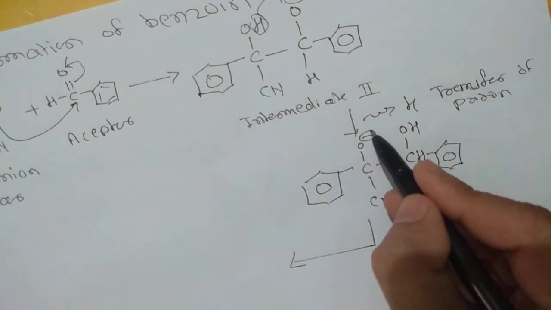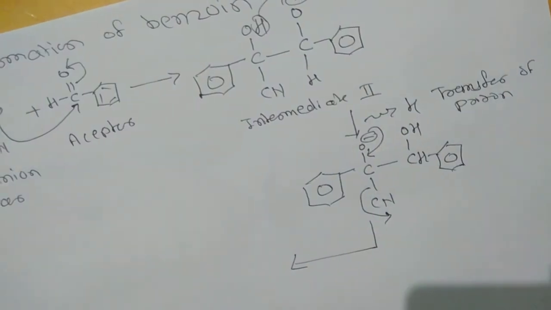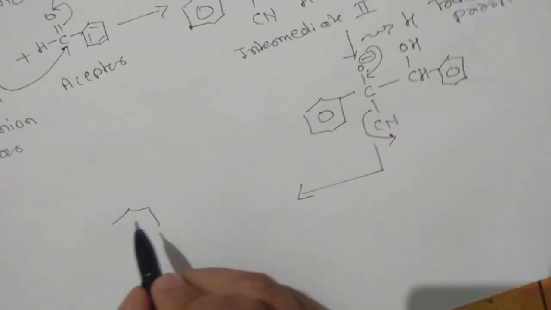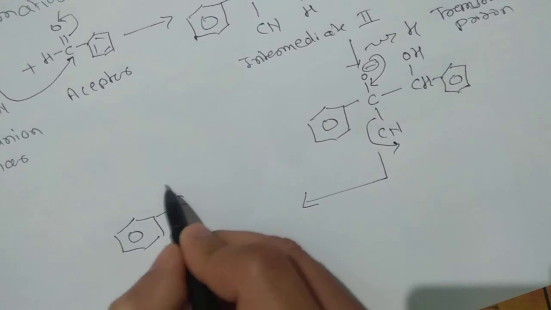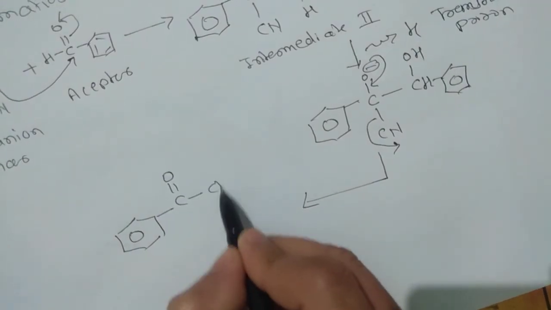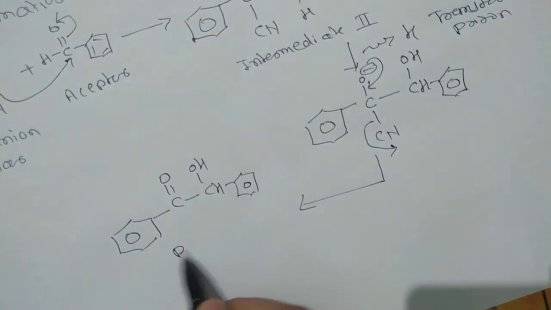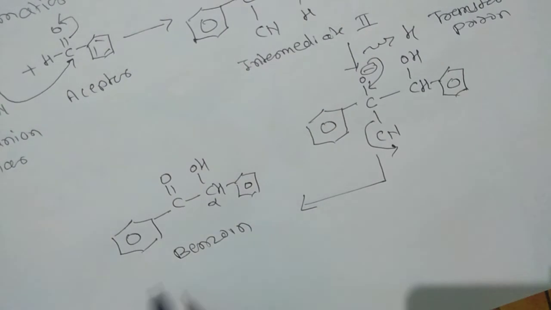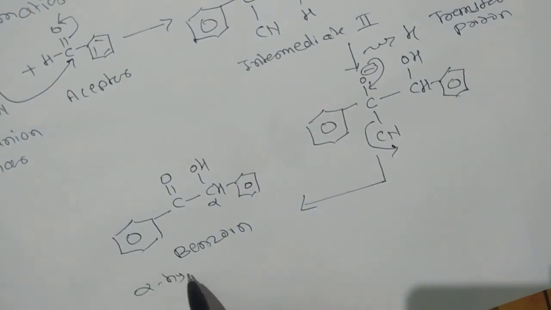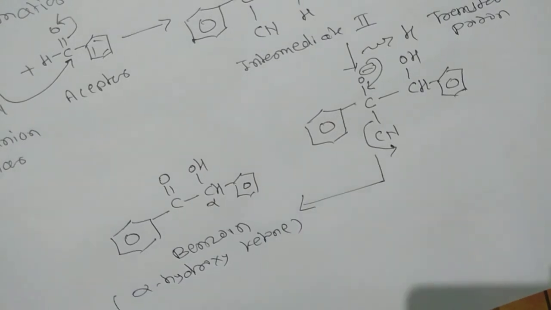Here the negative charge is transferred, and the cyanide ion acts as a good leaving group to form benzoin, C=O, CH-OH. This compound is called benzoin. It is also called an alpha hydroxy ketone.